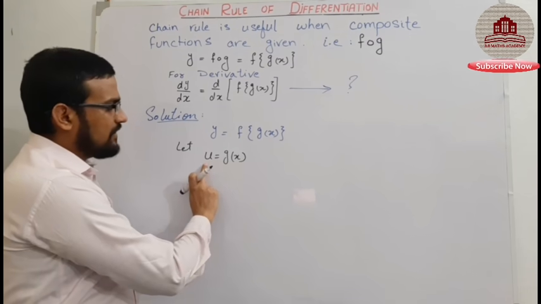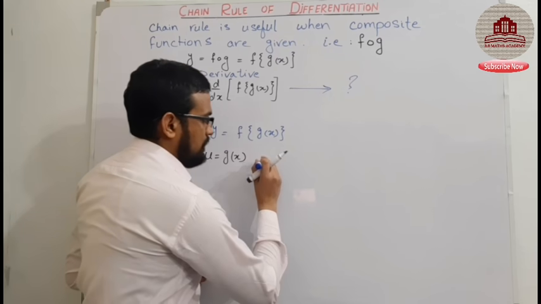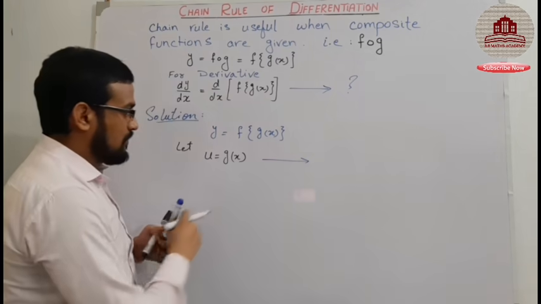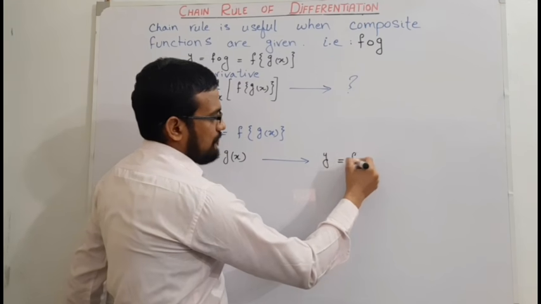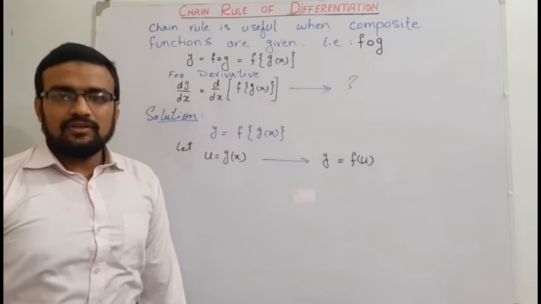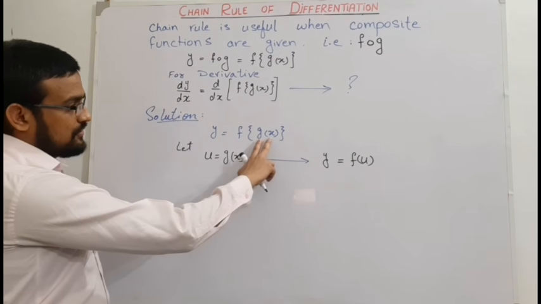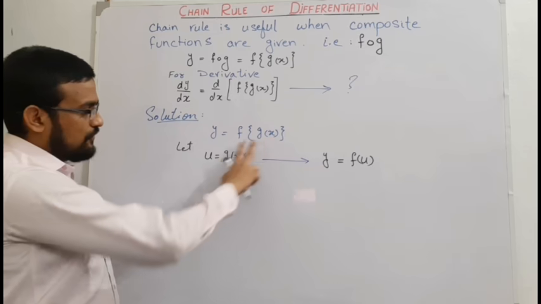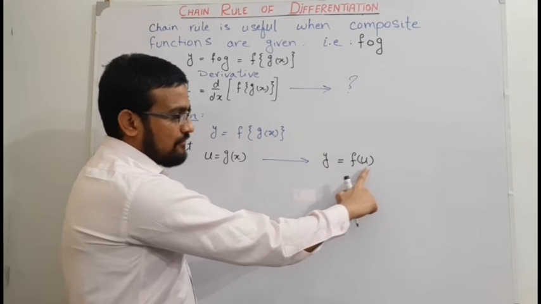If you let g of x be u, then y becomes f of u. Okay students, this one. If g of x equals u, then it means y is equal to f of u.